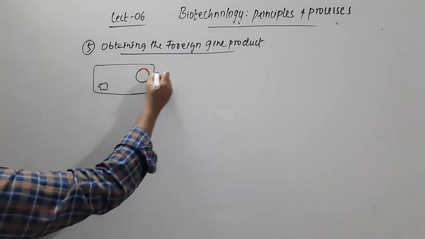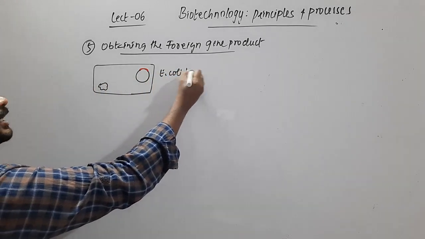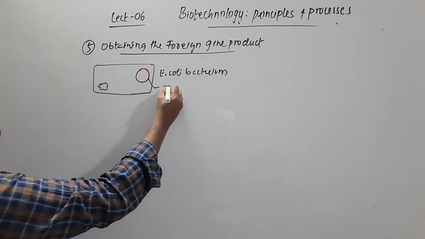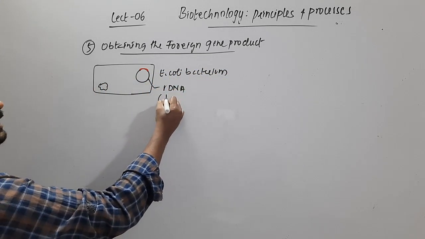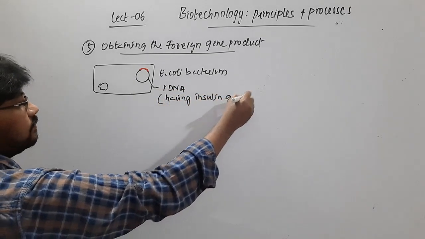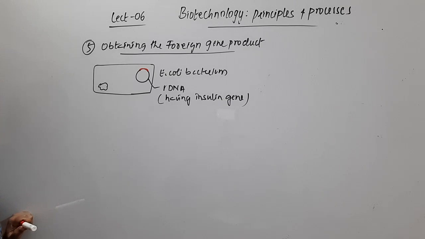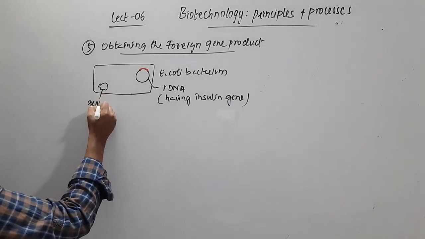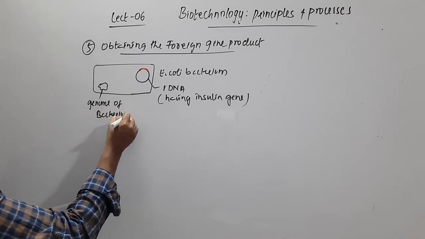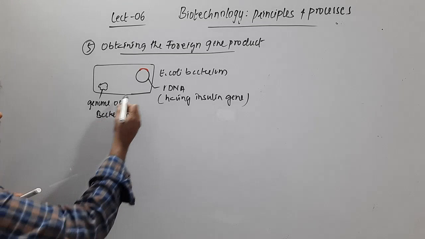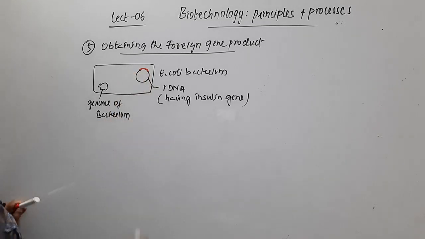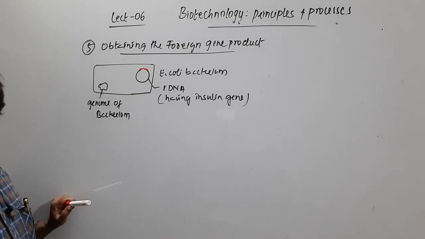Say suppose this is the E. coli bacterium, and this is rDNA having the insulin gene, and this is the genome of the bacterium. Now if I allow this bacteria to divide, then the rDNA present in the E. coli will also start dividing.